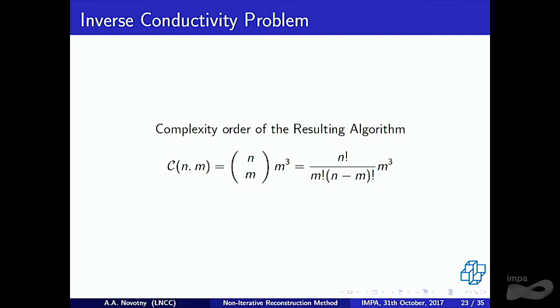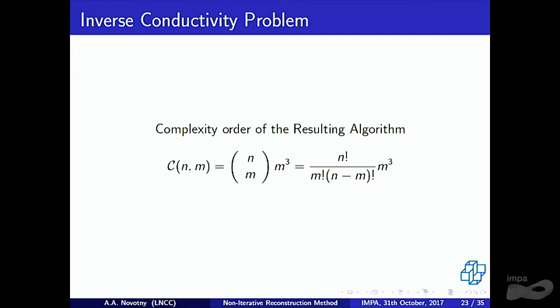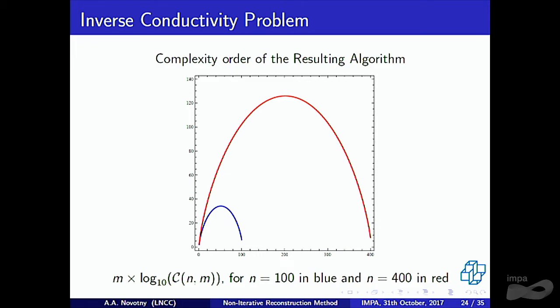So let me just discuss a little bit the complexity of the resulting algorithm. It is approximated by this formula, where small n is the cardinality of the set of admissible locations, okay? And m is the number of trial balls. So if we plot this, we have this behavior. We note that, for example, the green graph means the cardinality equal to 400 points.